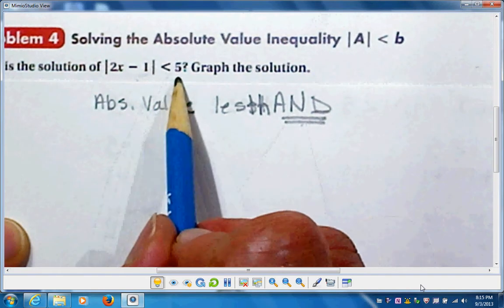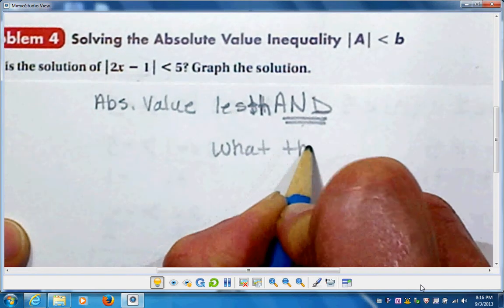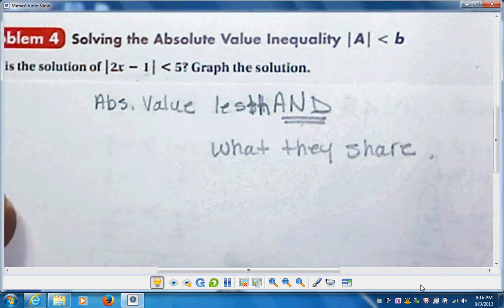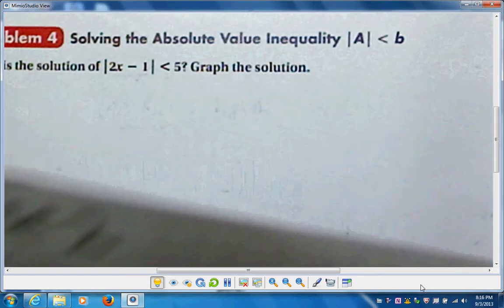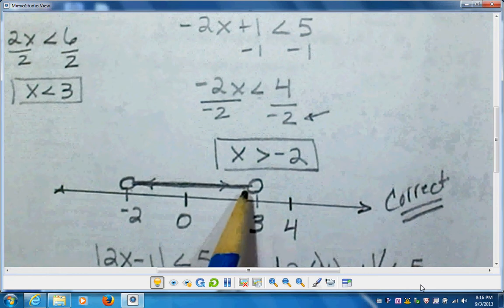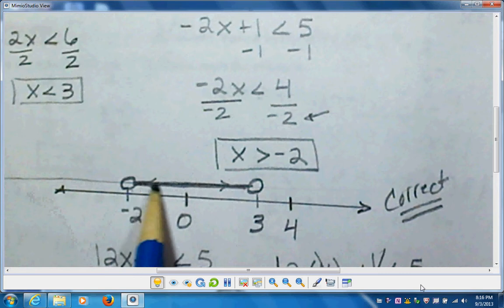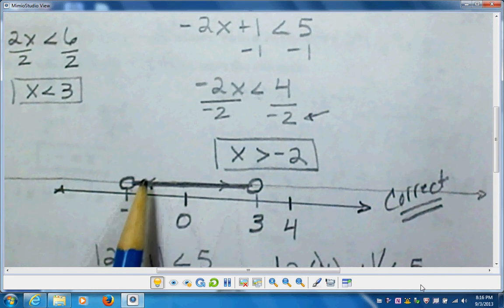This is an and, and and means what they share. If we look at our original problem, I said less than 3, so that keeps going that way, and greater than negative 2, that goes that way forever. What they share is in the middle. So this was an and problem. Our graph graphs only what they share.